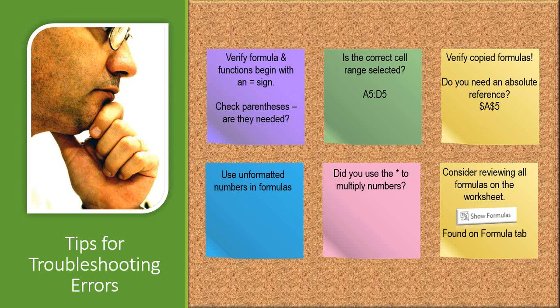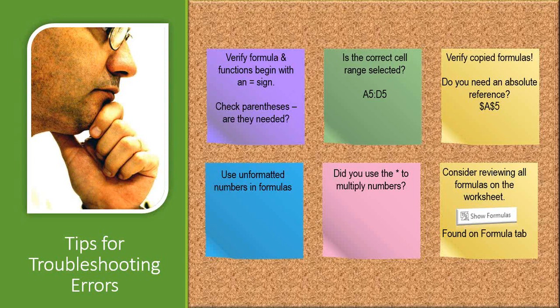So it could be that you're copying the formula, but maybe it's not adding everything up that you need. You might need an absolute reference. So if part of the formula needs to stay fixed on one specific place, like we saw previously, then you need to have some $ signs there. So you can either use that shortcut key of F4, or you could type something similar to $A$5.